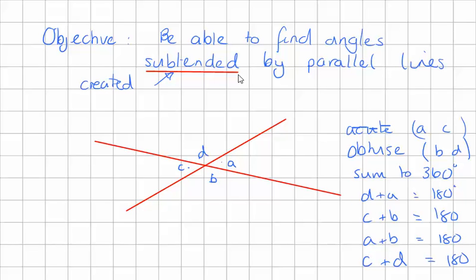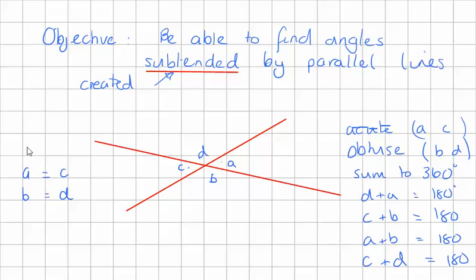The same thing happens to the bottom as the top, because it's a solid line. So what I can say is that angles A and C are equal. So A equals C, and B will always equal D.